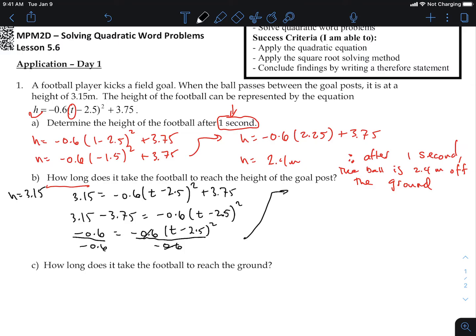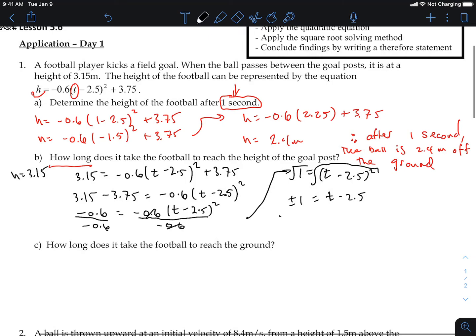I get 1 equals (t minus 2.5) squared. I can square root both sides, right? I get plus minus 1 is equal to t minus 2.5. Going to add 2.5 to both sides. 2.5 plus minus 1 is equal to t.